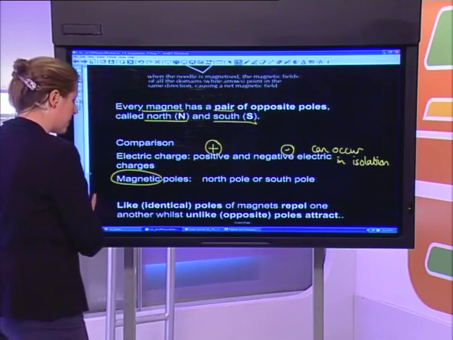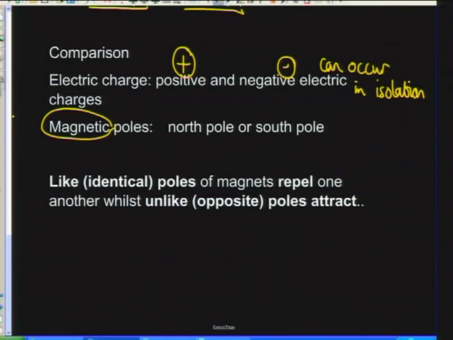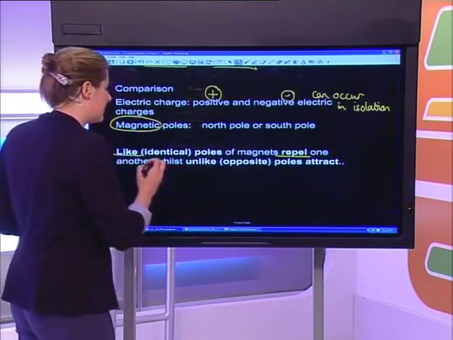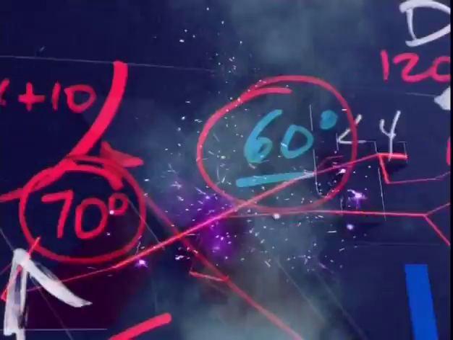Whereas magnetic poles would always be paired up. Notice there that like poles, identical poles, would cause a repulsion. So if you had a north pole and another north pole, they will force each other apart. Whereas if you have unlike poles, a north pole and a south pole, they will attract.